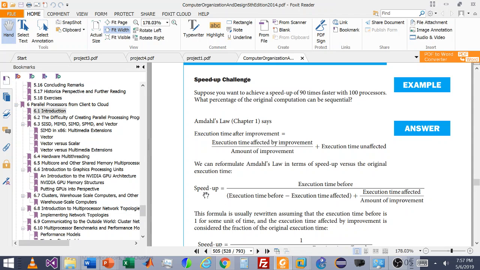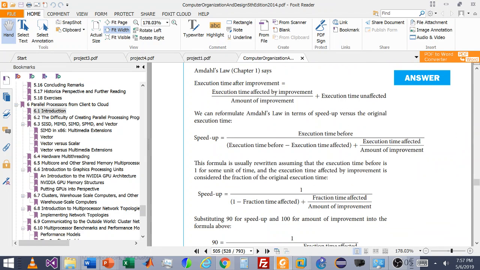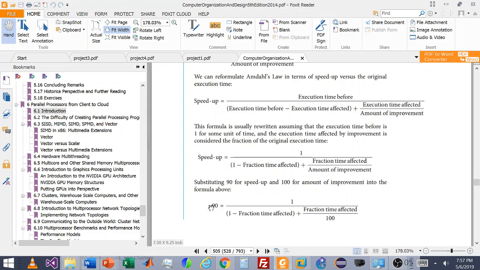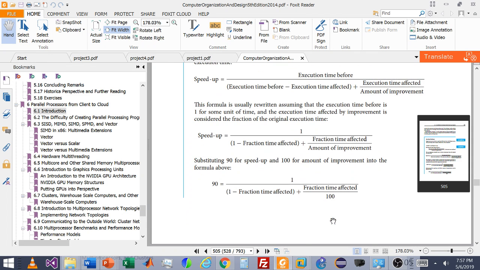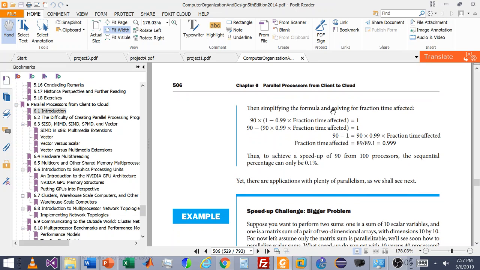If we do the math and say we want a factor of 90 speedup for 100 processors, then simplifying and solving, to achieve this, only 0.1% of this algorithm can be sequential.